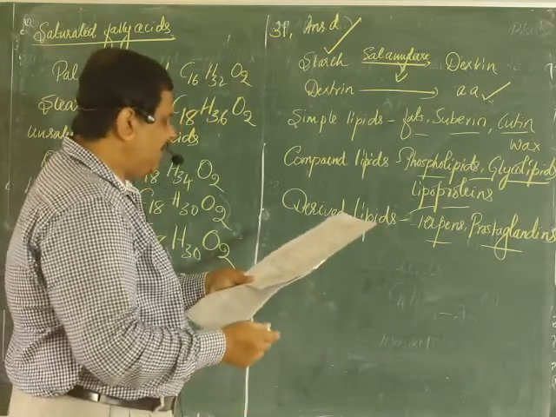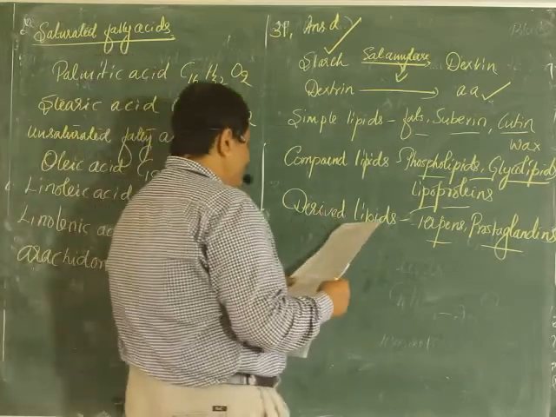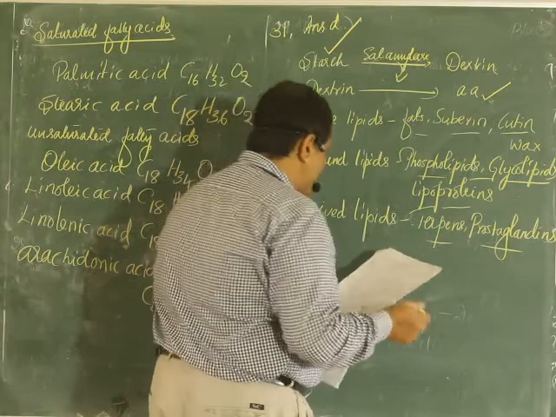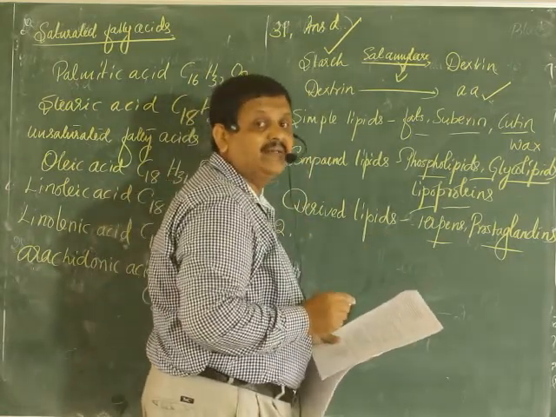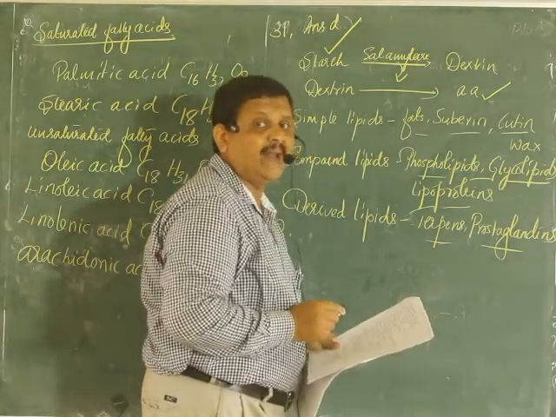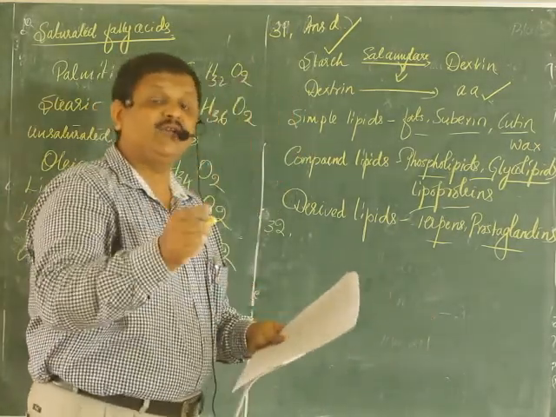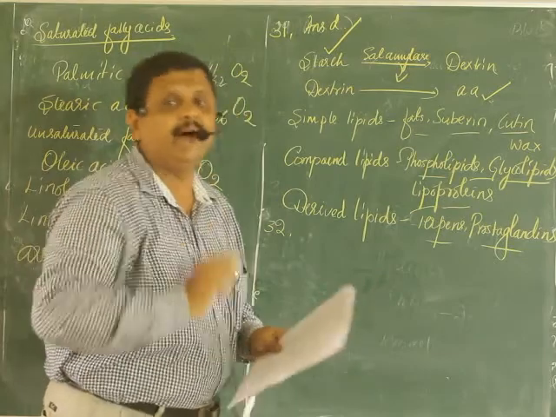And question number 32. Excess histamine in blood causes... Histamine, heparin, serotonin are produced by mast cells. Mast cells are found in liver.